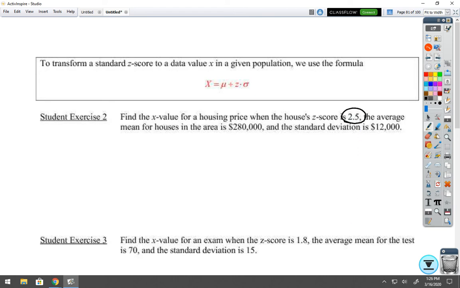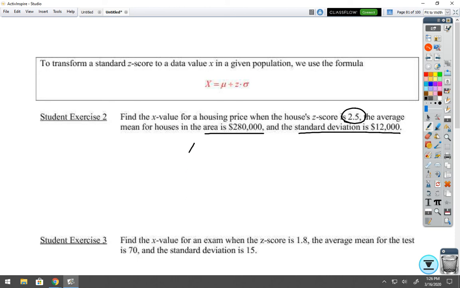So first of all, we know this is a right side number because it's positive. For the average mean of a house in the area is 280,000, and the standard deviation is 12,000. So we know the standard deviation, 12,000 each, and we know that the center is 280,000.